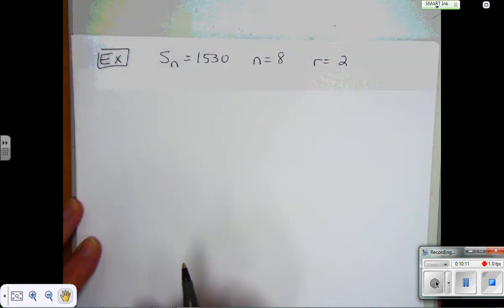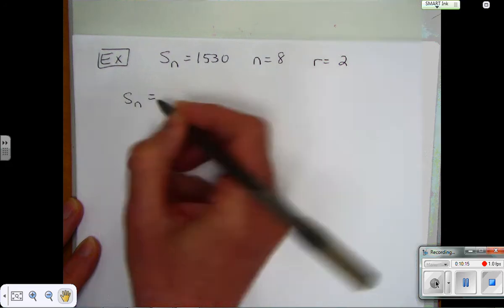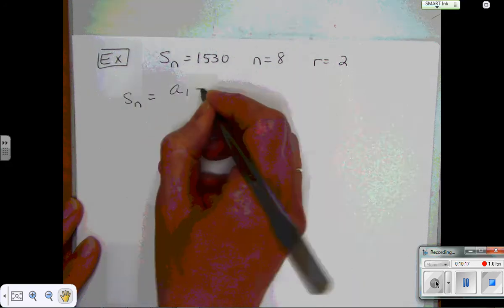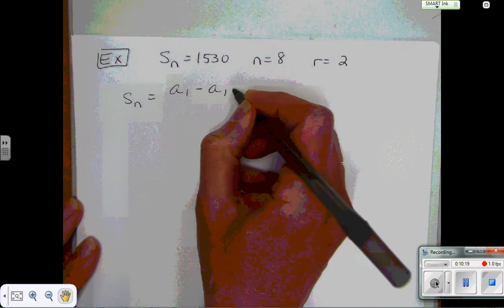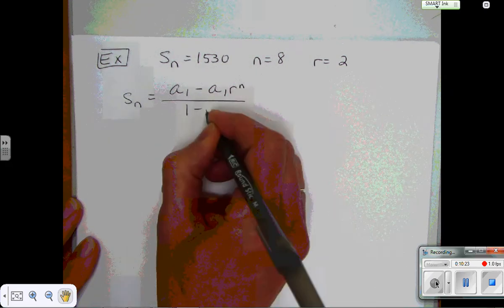So we are going to use this equation, s sub n equals a sub 1 minus a sub 1 times r to the n all over 1 minus r.